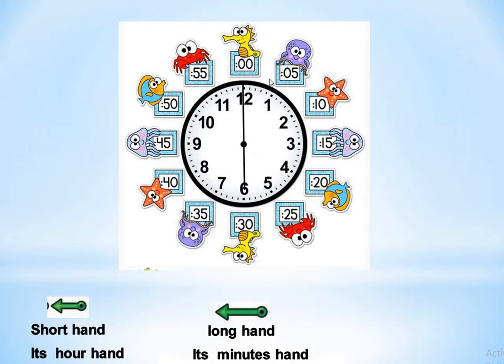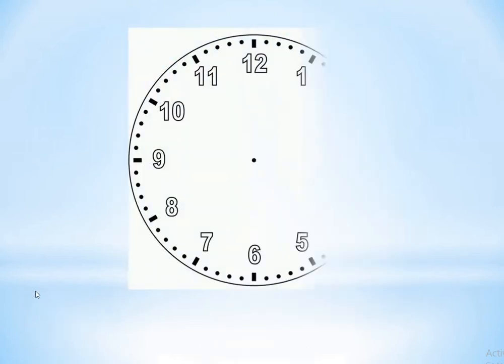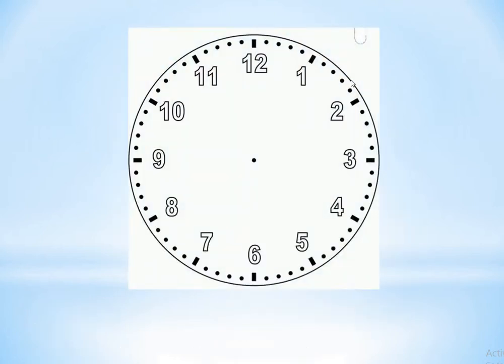We divide this clock into 2 parts. The first part is past like this, and the second part is to. In grade 2, we have 4 positions. The longhand, when it stands on 12, it's called o'clock.